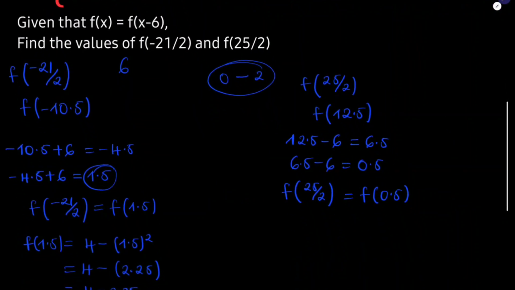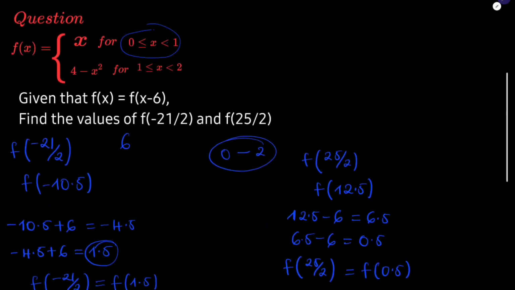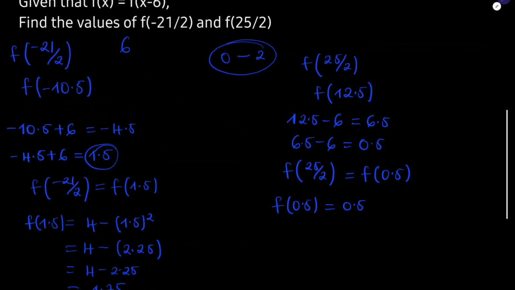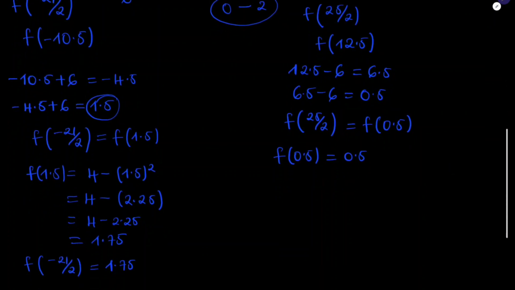So we substitute it directly. f(0.5) is simply 0.5 because there we simply have x. So we can conclude that f(25/2) is equal to 0.5.